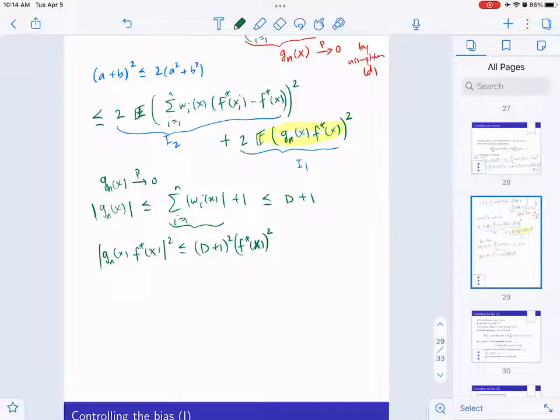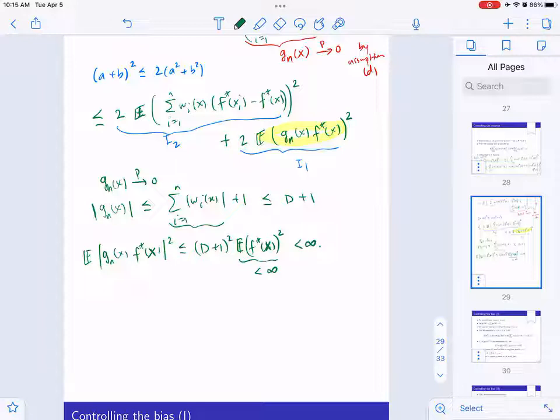And so this is integrable. The expectation of this is bounded by the expectation of this, which is finite by assumption. We're assuming that this regression function has a finite second moment, so this is finite.